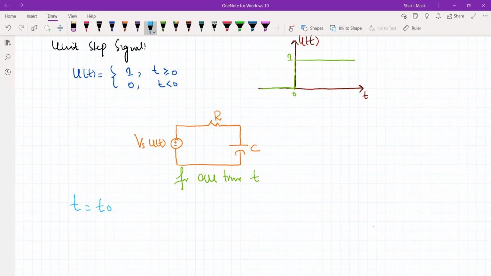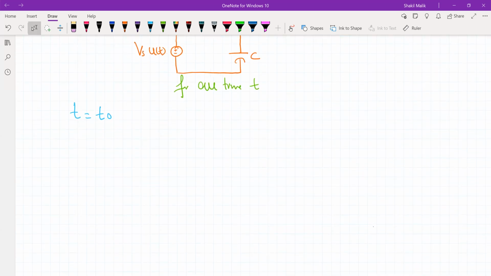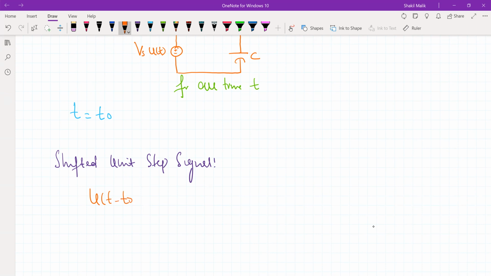All right. So what we can do, we can use the shifted version of the unit step signal. We know the shifted version of this unit step signal looks like this. So suppose it is u of t minus t naught. So the definition of this signal looks like this.